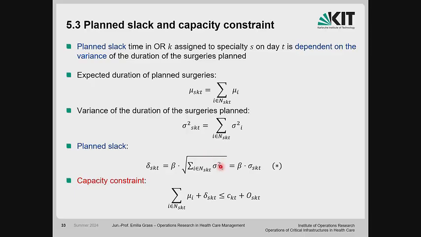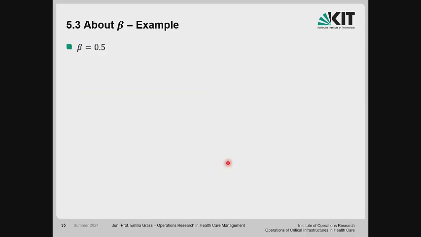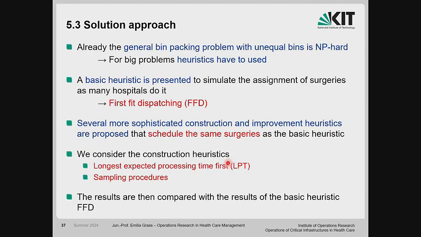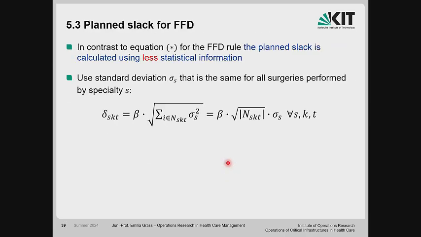And here we neglect that, and what we assume is that the standard deviation sigma is the same for all surgeries of this particular specialty. So all oncology surgeries have a standard deviation of 30 minutes, for instance.